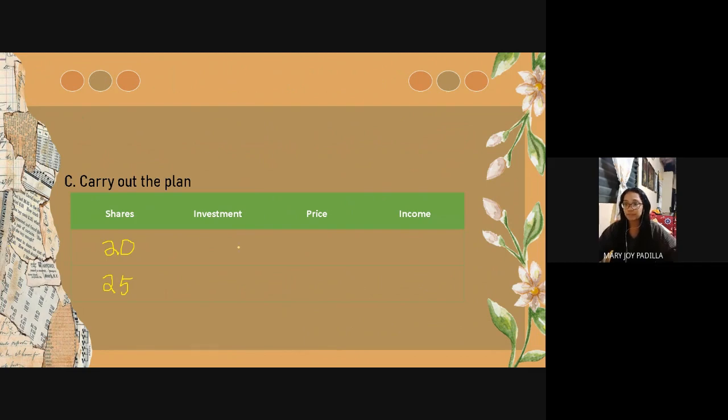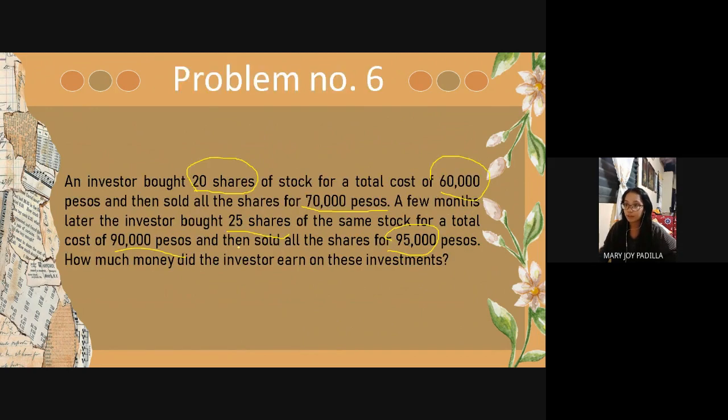So sa investment, paano natin siya malalaman? Ang investment ay given naman siya sa ating problem. So the investment of the first transaction is 60,000 pesos, and the second transaction natin is 90,000 pesos.